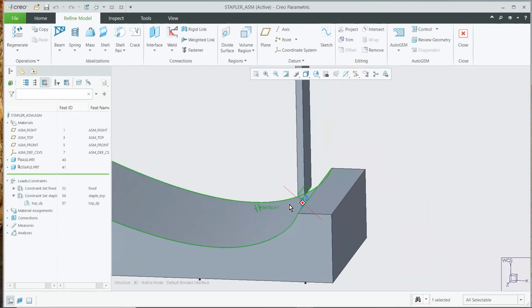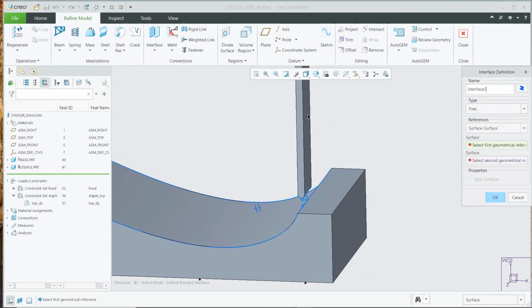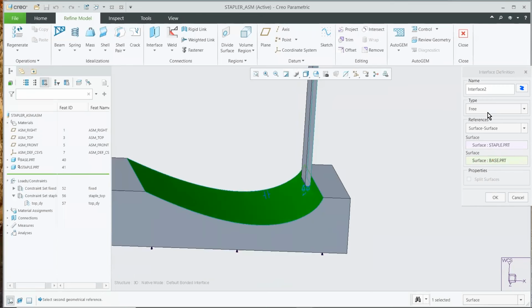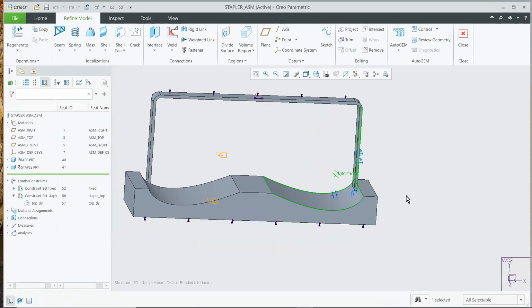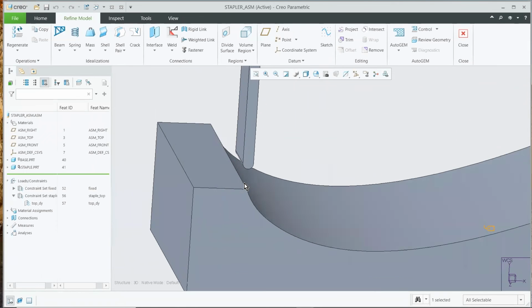So I'm also going to assume that this backside might be rubbing along this guy at some point, just to cover my bases. So I'm going to say, let's also do an interface between this face and this one. And again, certainly we're going to say that that is in contact. So now we've got that interface done. And then we do the same thing on the back side over here.